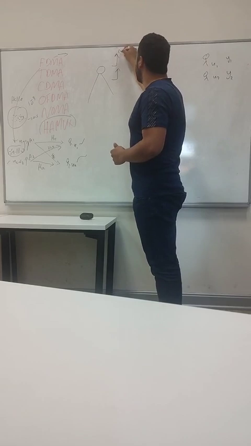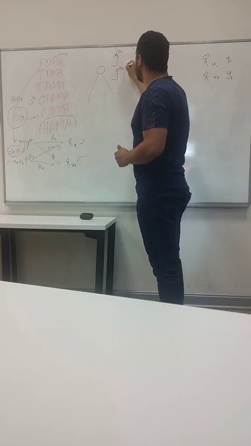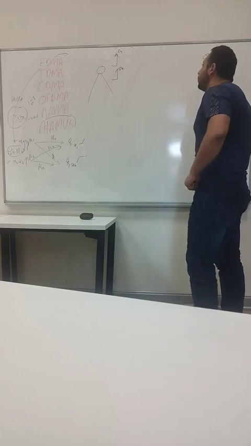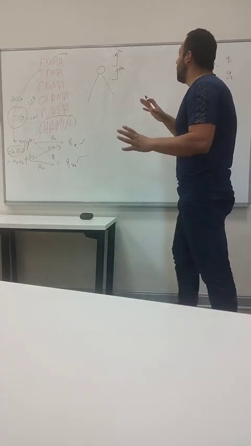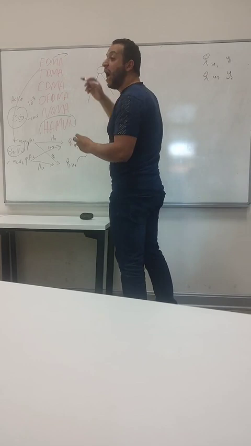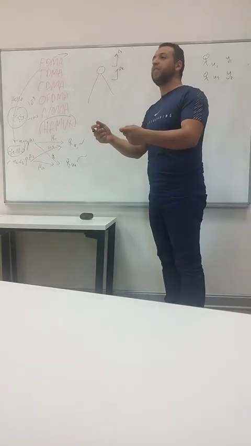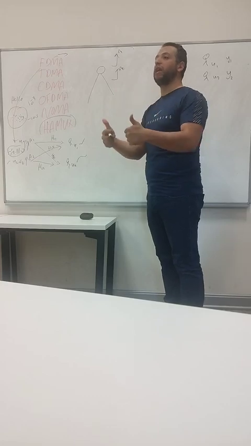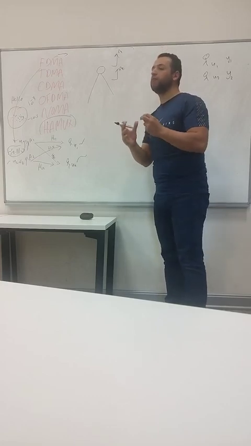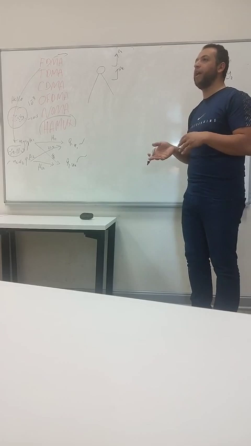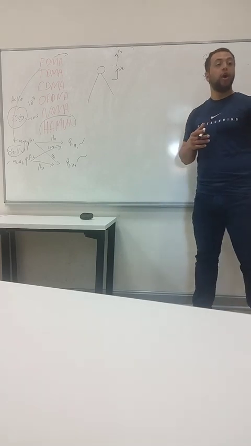And this is antenna 1, this is antenna 2, and we assume to be using OFDM. OFDM here is not a multiplexing technique, but a waveform technique. People sometimes confuse OFDM and OFDMA.